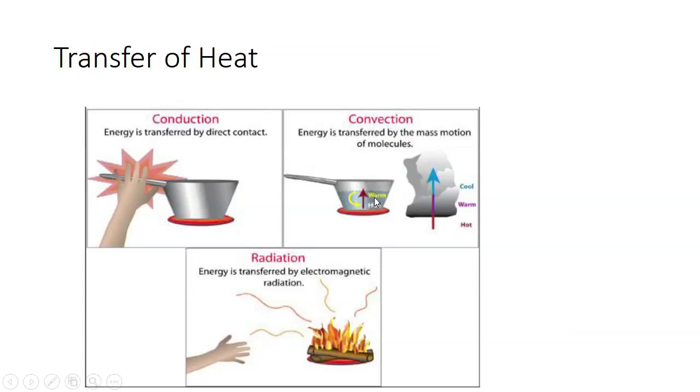Then as it's rising, the water molecules eventually lose energy in the process. They remain here at the top, they lose energy, then they sink to the bottom. They get heated again, they rise once they get the heat energy, and start losing the energy in the process and then sink again.